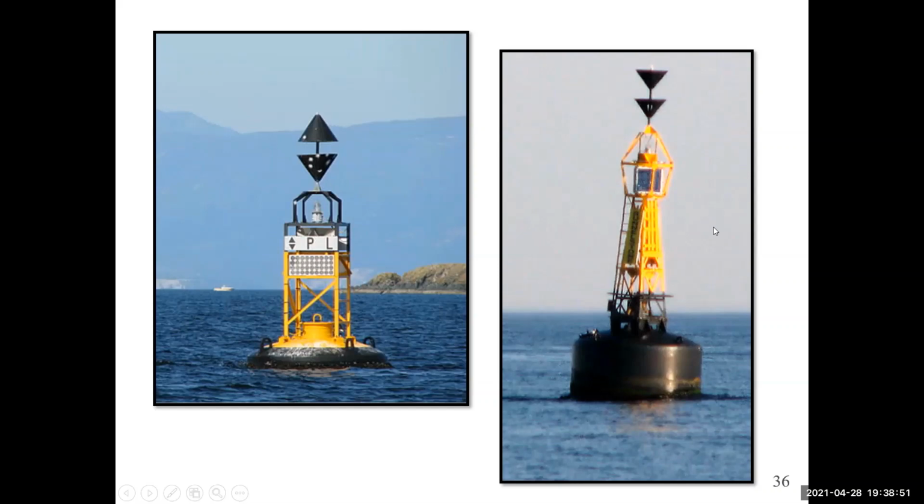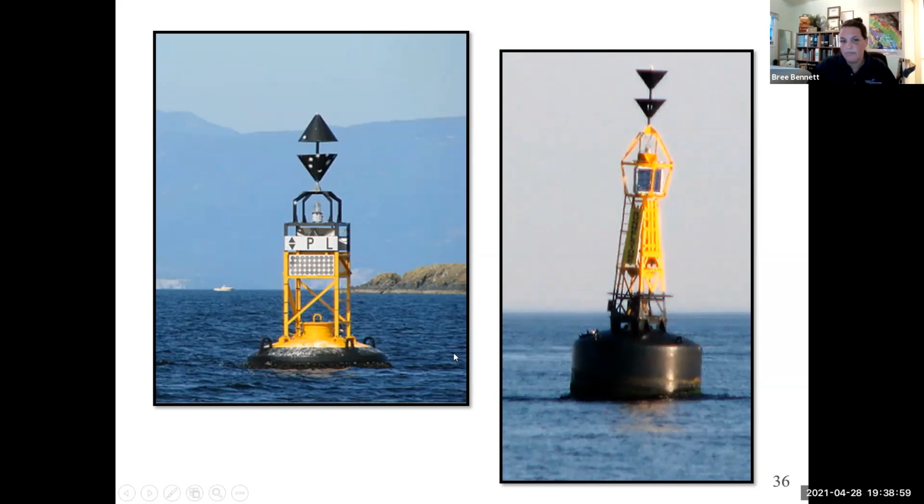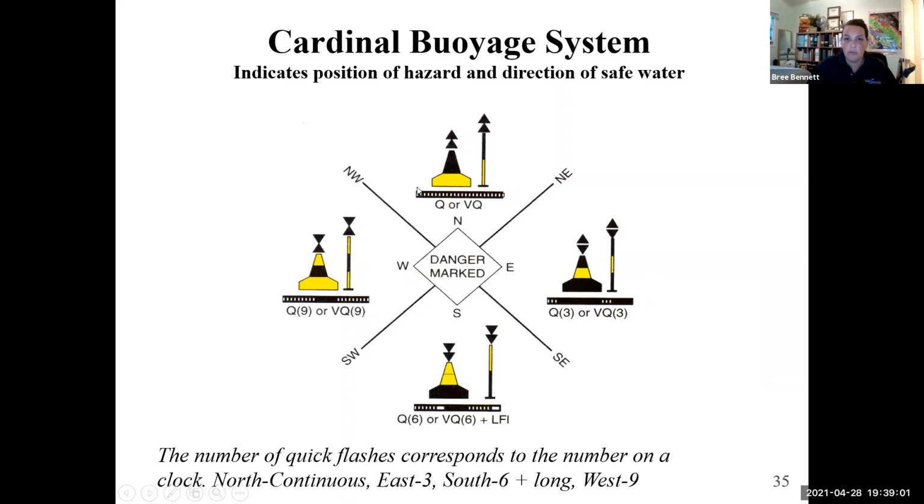To the south. We have our triangles pointing down, and we have our yellow, and then our black on the bottom. So those are your cardinal buoy systems. I have not seen these cardinal buoy systems on the US West Coast. It is more of an international buoyage system.